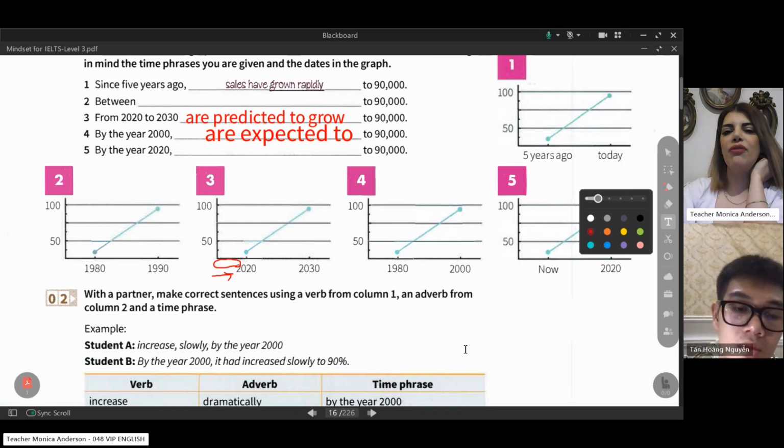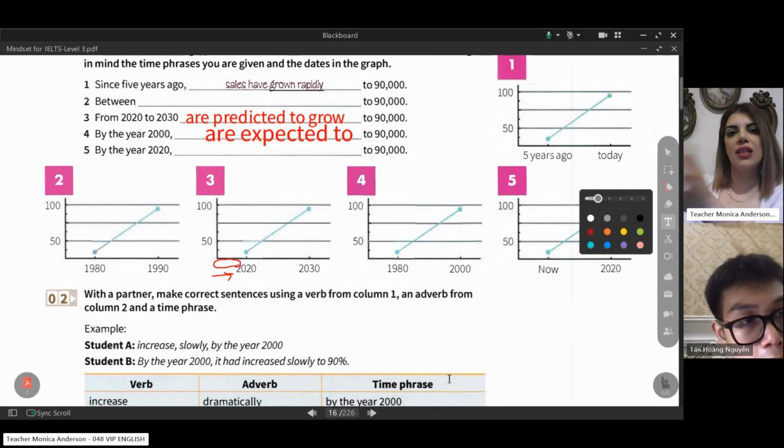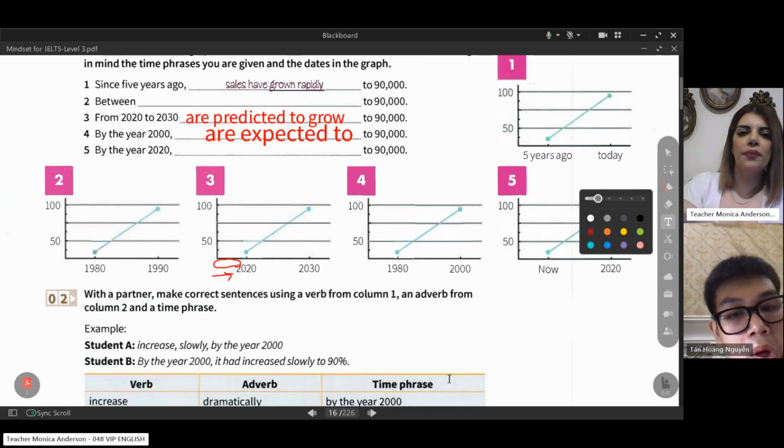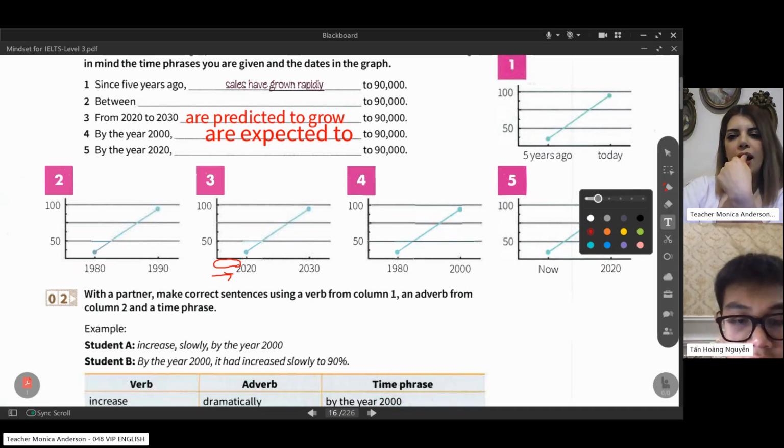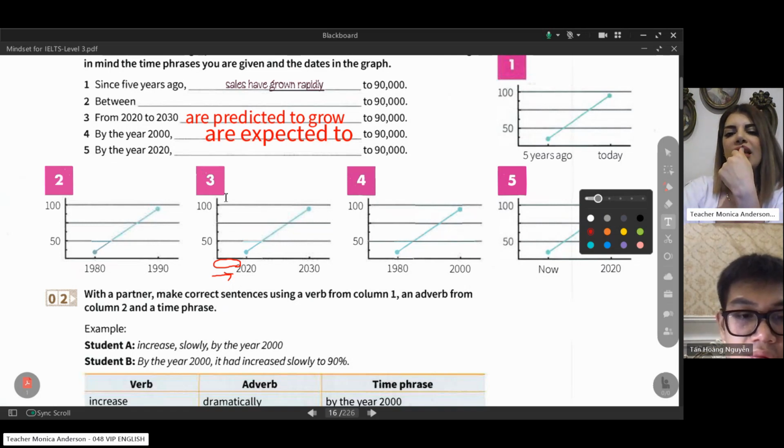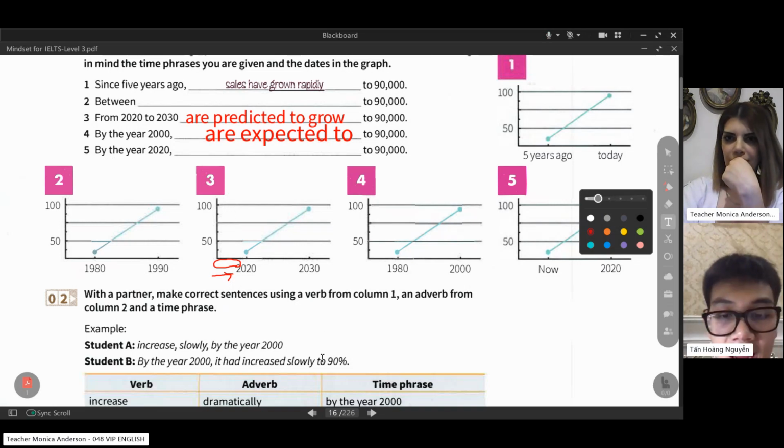And before 2020. But as you know, 2020 is present or future can be considered. By the year 2020, the last one. I think still past perfect.